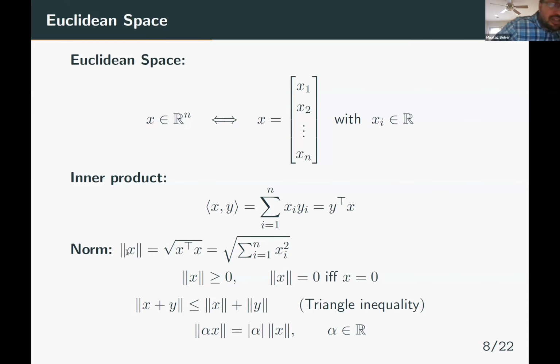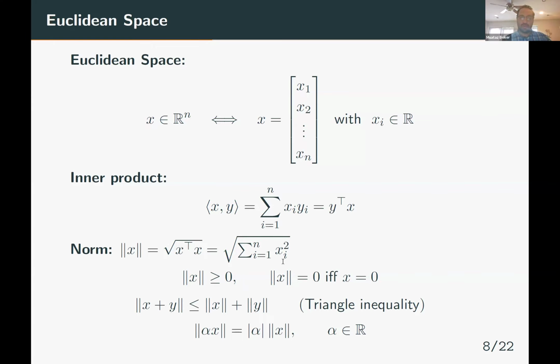There are different definitions for the norm, but in this course we are going to consider the Euclidean norm, sometimes known as the 2 norm, which is equal to the square root of x transpose x, or the square root of the sum of all the elements squared.